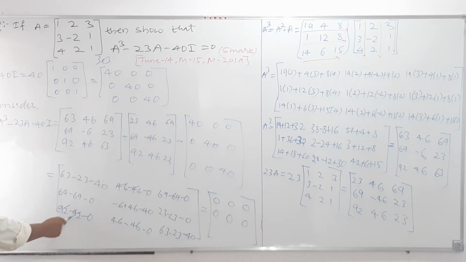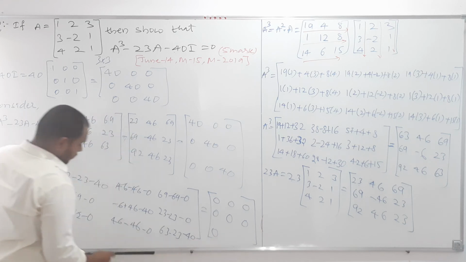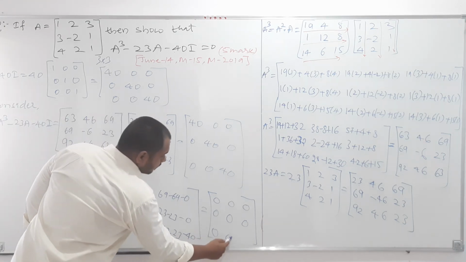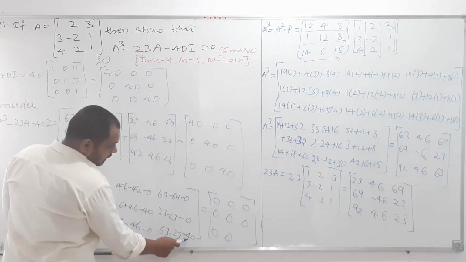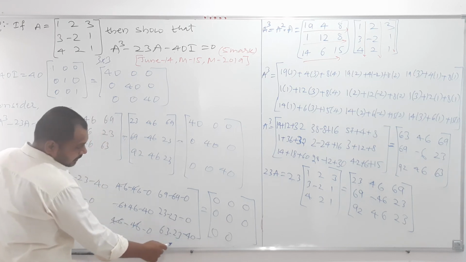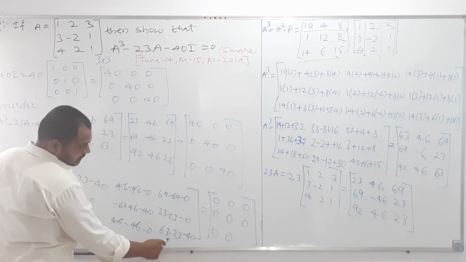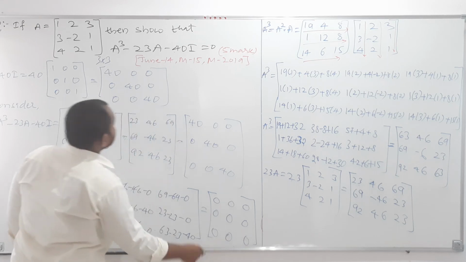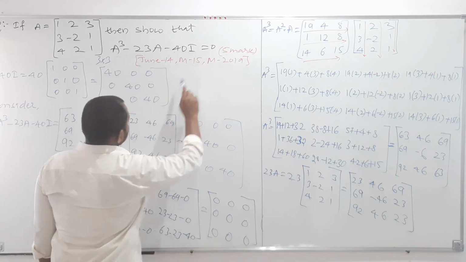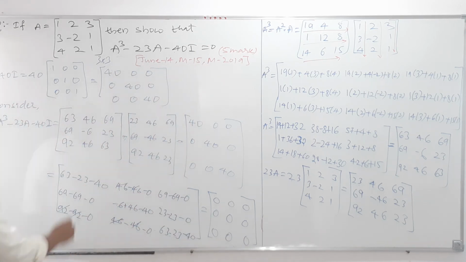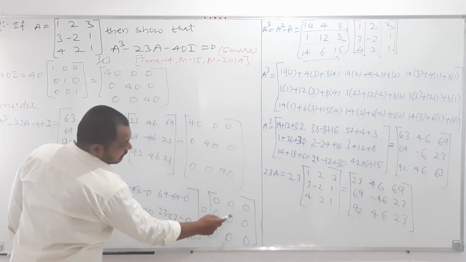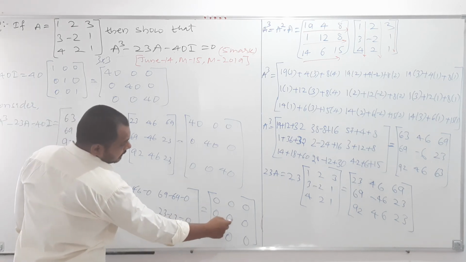Next, plus 92 minus 92 is 0. Plus 46 minus 46 is 0. And 63 minus 63 is 0. So hence we proved this result. So this value is equal to 0. This is nothing but the 0 matrix, or you can simply write it as 0.